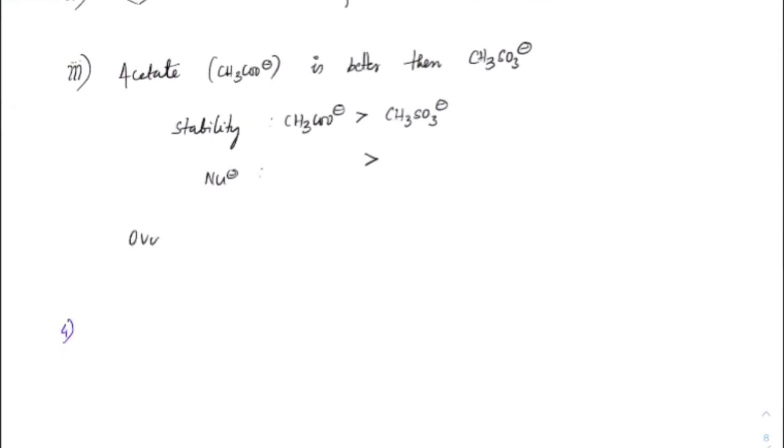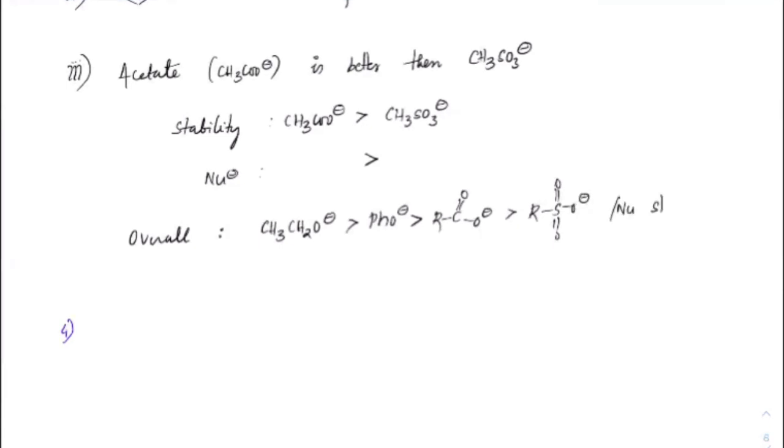Overall, I can write this as CH3CH2O minus alkoxides are better than phenoxides, are better than carboxylates, better than sulfonates. This is how the nucleophilic strength, or nucleophilicity, would be.